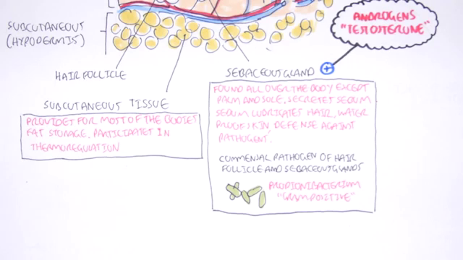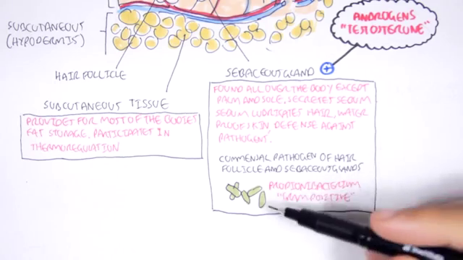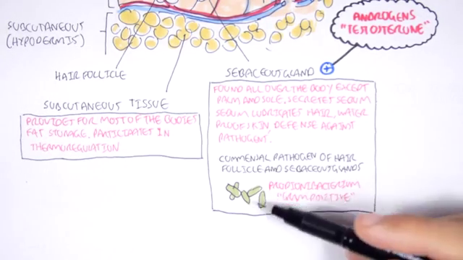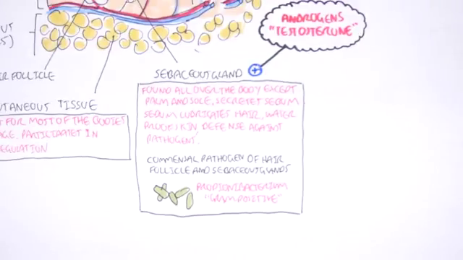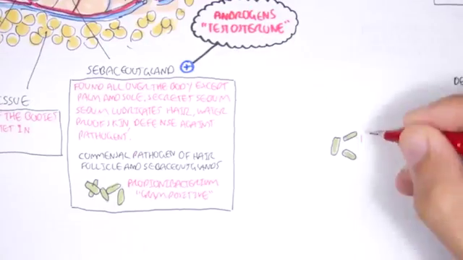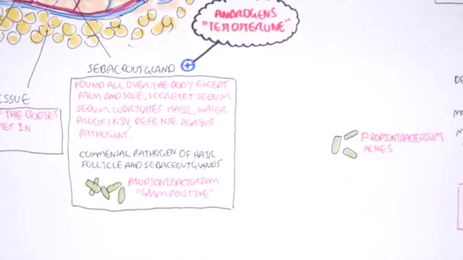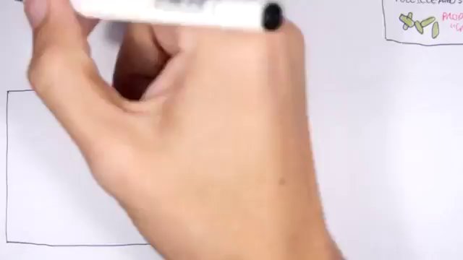These bacteria that are associated with acne pimples are these guys here, Propionibacterium species, which are gram-positive. But in particular, it's the Propionibacterium acnes. The name already suggests an association with acne. So we're looking at acne pathophysiology.